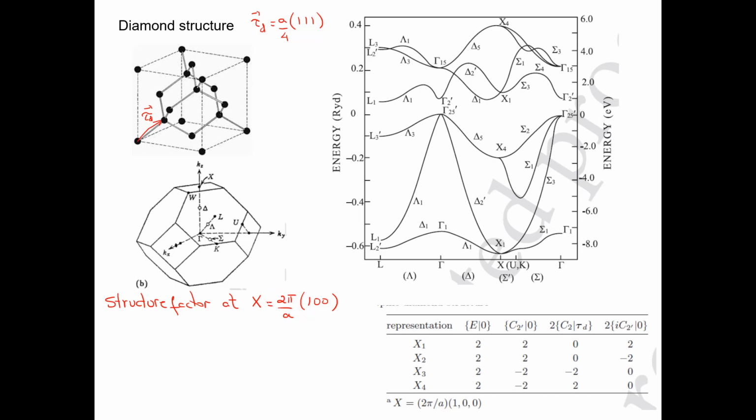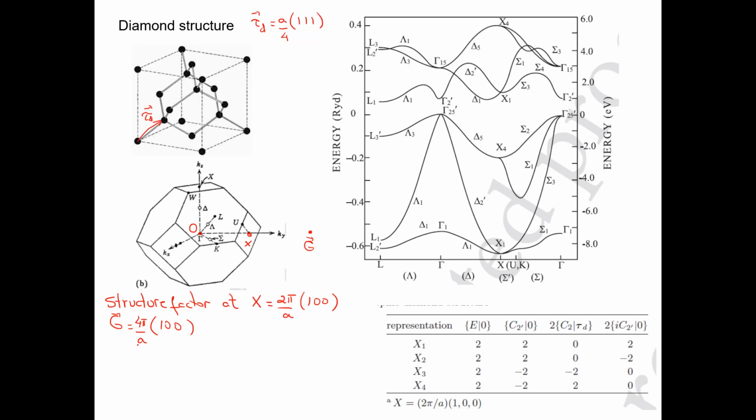And therefore the G vector that we want to consider, so this is gamma, this is the X point, and the reciprocal lattice vector G that is important when evaluating the structure factor here at the X point is 4 pi over a (100).